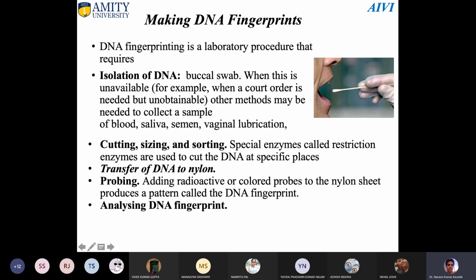So for making a DNA fingerprint, the first thing is you need to collect your sample, and then another important thing after collecting the sample, the most important one, is the transport. Transport means from the site of collection to Salunke's laboratory. So when the specimen is taken from the site of crime to the laboratory, you cannot allow the degradation of your DNA.